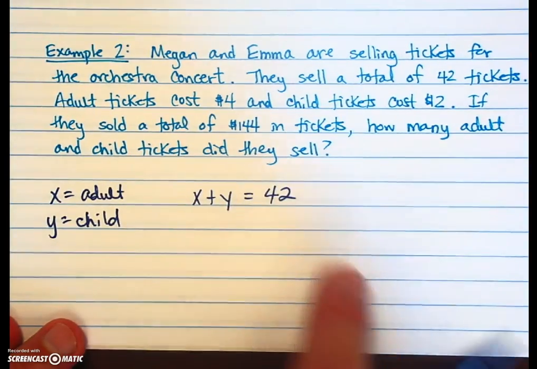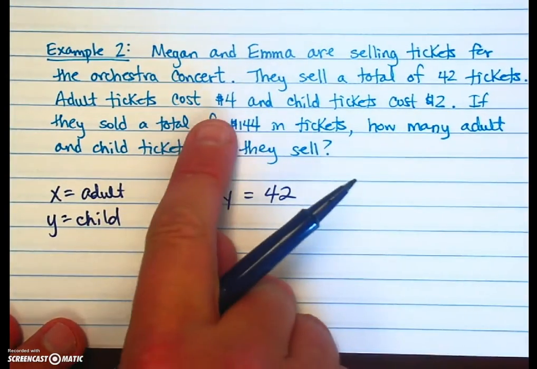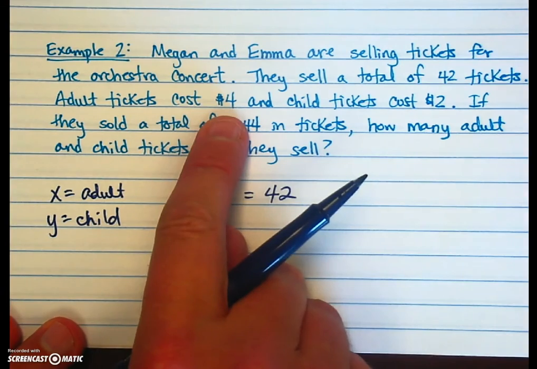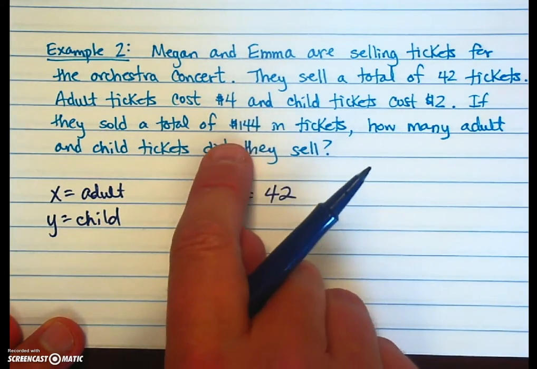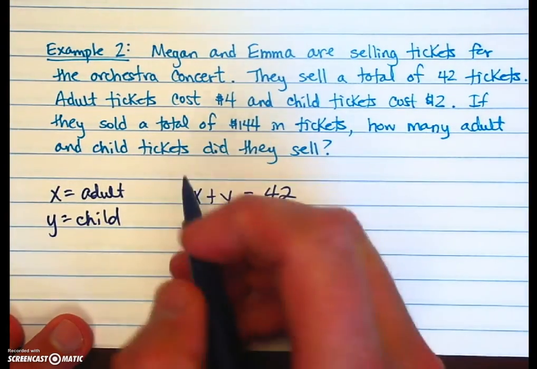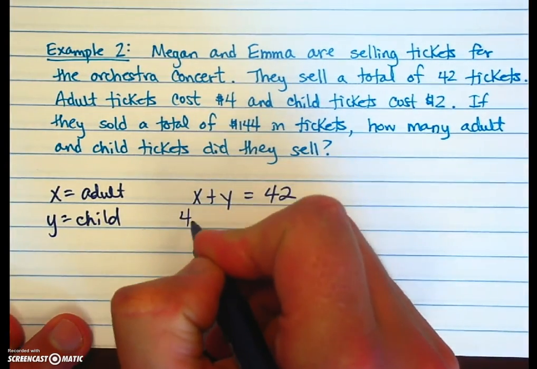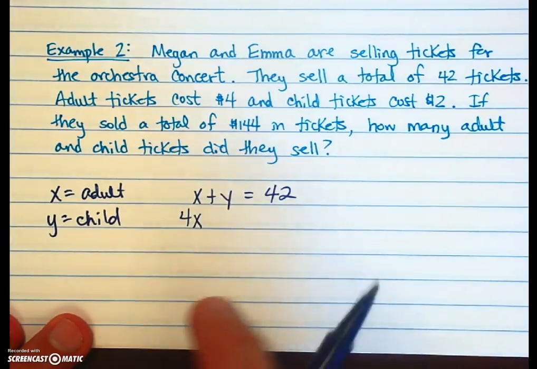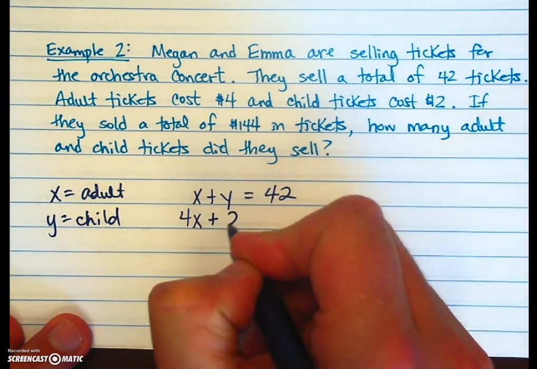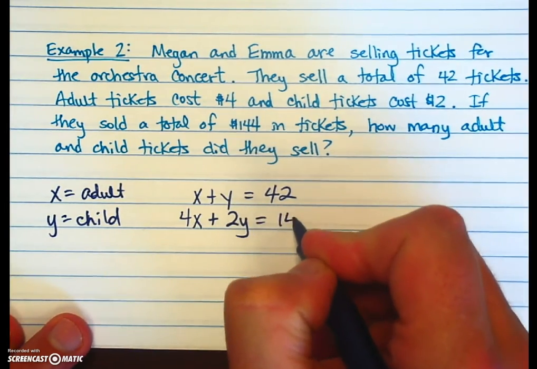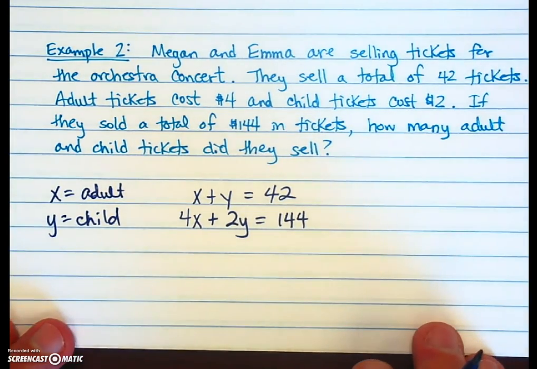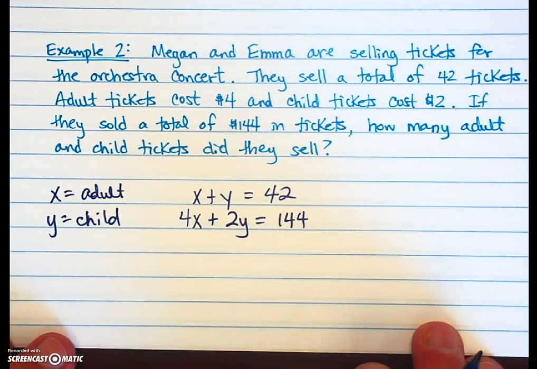It also says in the next sentence that the adult ticket is $4 and a child ticket is $2, and I sold a total of $144. So I'm going to take 4x, because that's my adult tickets, plus 2y, that's my child tickets, and I know that the total money I got from that was 144.